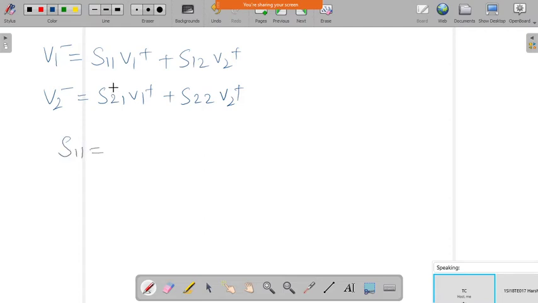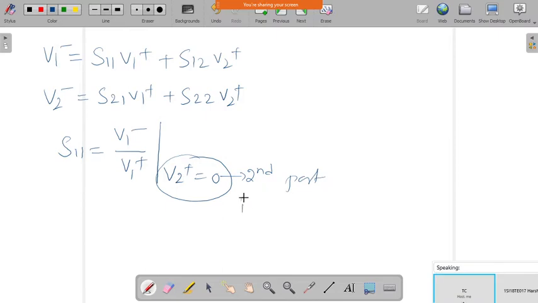S11 is V1 minus divided by V1 plus when V2 plus is 0, that is, the second port is terminated with the matched load. Then only V2 plus will be equal to 0 when we terminate with the matched load.